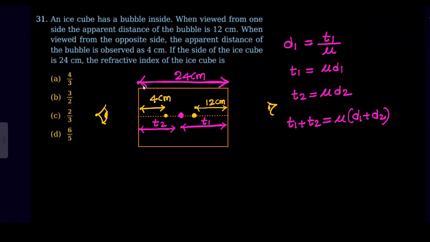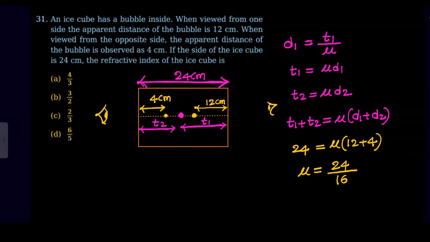T1 plus T2 is nothing but the side, isn't it? The value is 24, which is equal to mu into D1 plus D2, where one is 12 and the other one is 4. So we can get this mu value, that is 24 by 16.